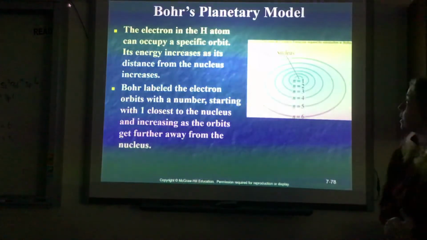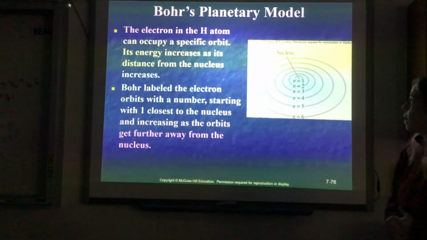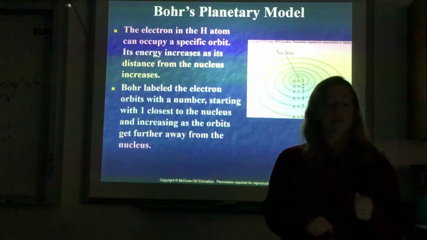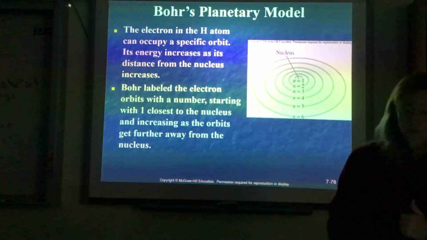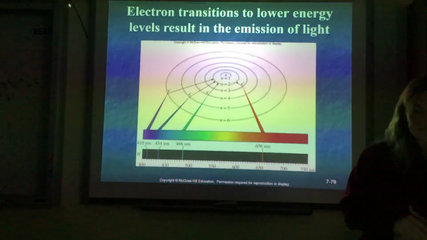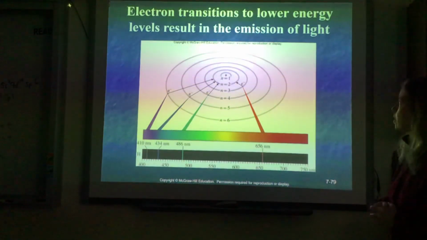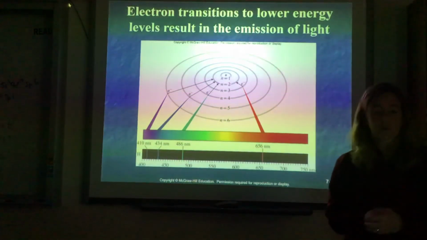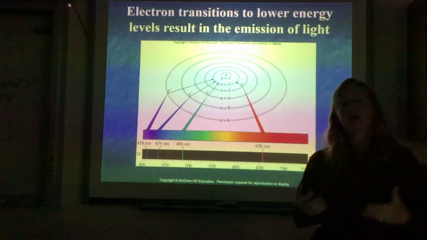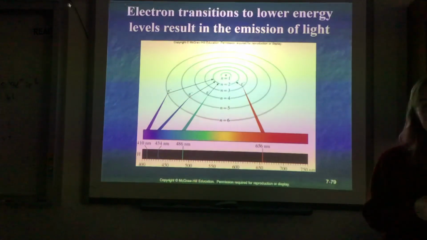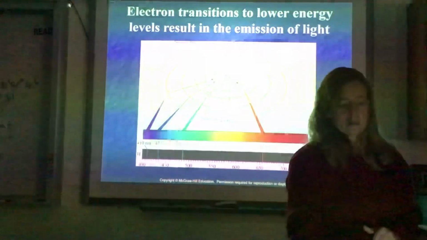Now, the electron in the hydrogen atom can occupy a specific orbital. Its energy increases as the distance from the nucleus increases, which we just talked about, okay? Now, once again, same picture. These energies are jumping, okay? The transitions to lower energy levels result in the emission of light. You've got to get rid of that energy somewhere. So it actually emits that energy in the form of light, which is energy, okay?